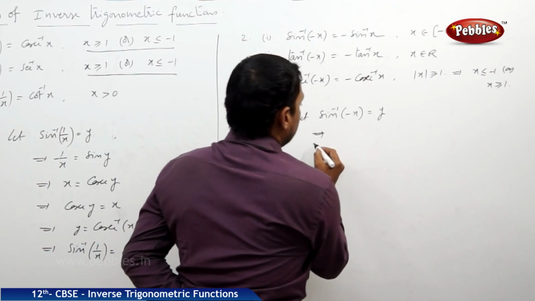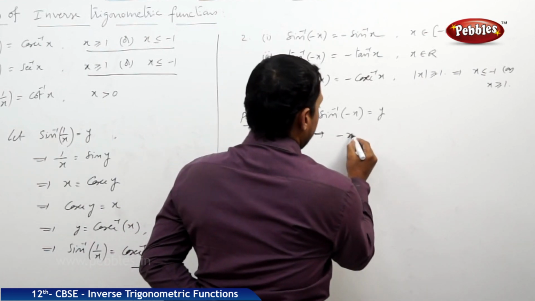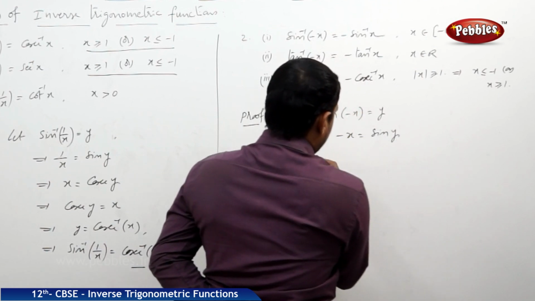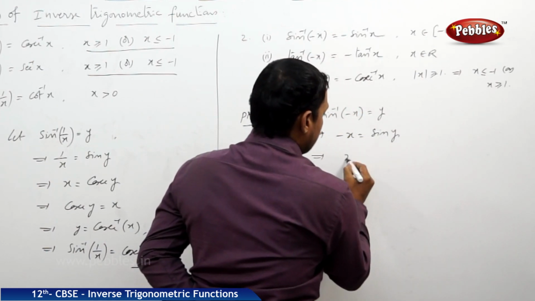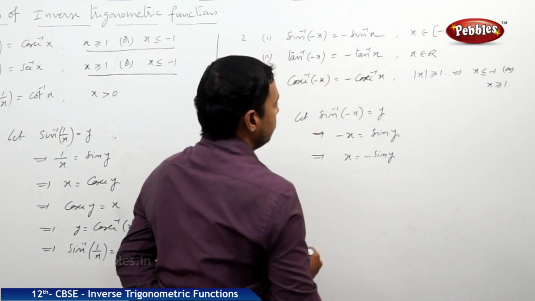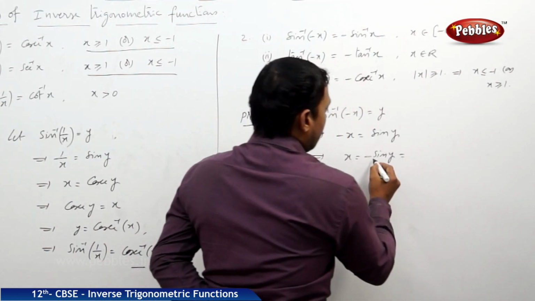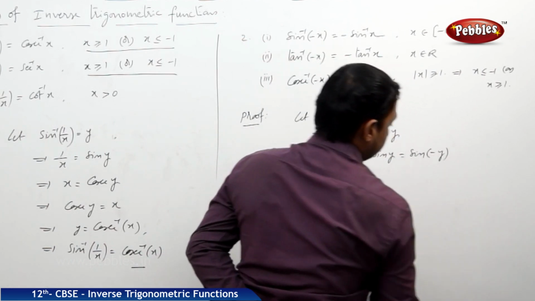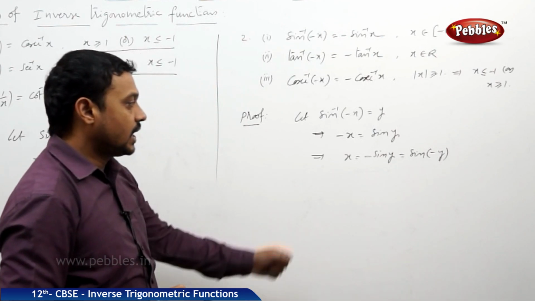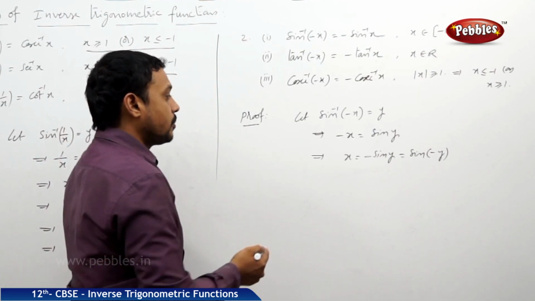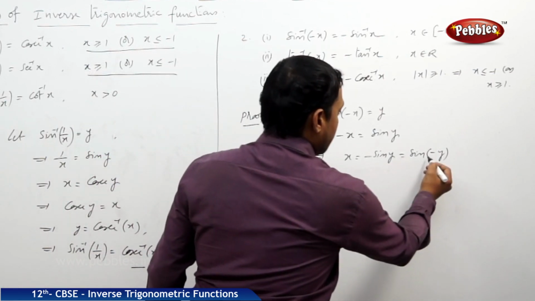Now, by the definition of inverse function, minus x is equal to sin y, which implies, multiplying by minus on both sides, x is equal to minus sin y. Now minus sin y is nothing but sin of minus y. We know in trigonometry sin of minus theta is equal to minus sin theta. So, by that property we can make it into sin of minus y.